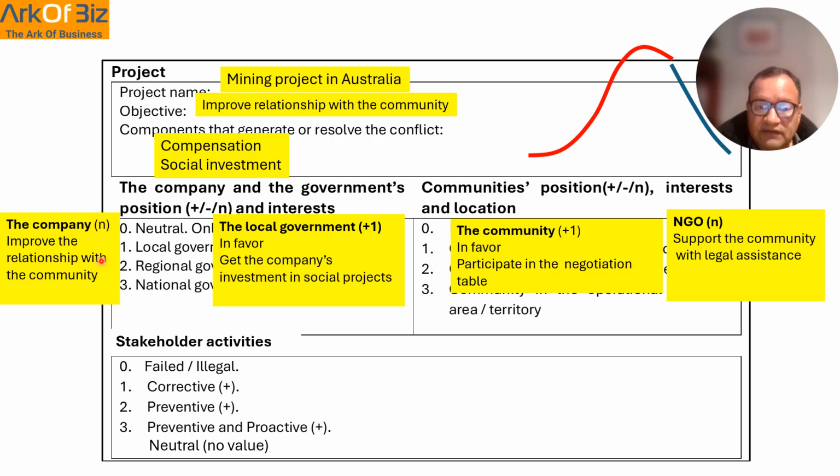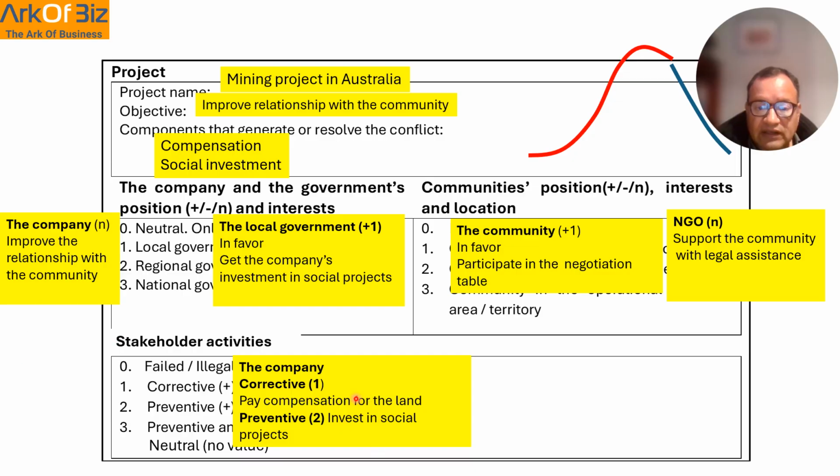Now let's go to the stakeholders' activity for each stakeholder. The company has performed two main activities. A corrective activity has a value of 1 because the company corrects its mistake and pays compensation for the land.